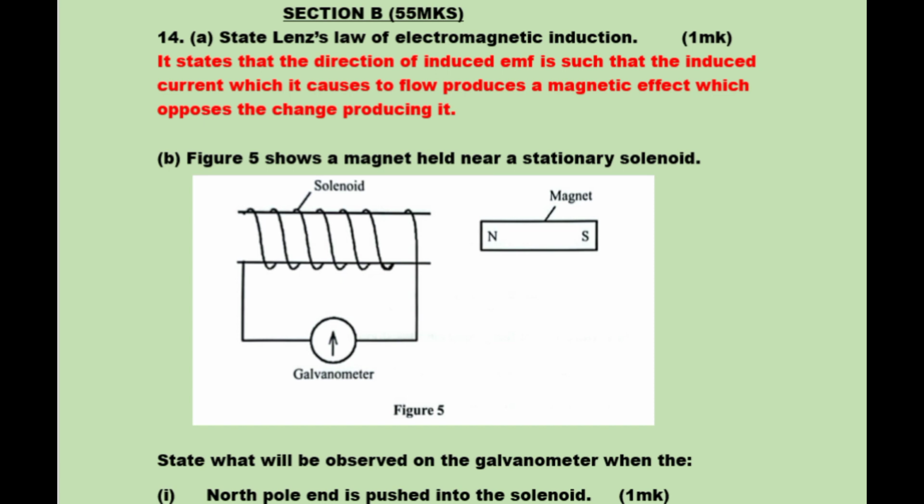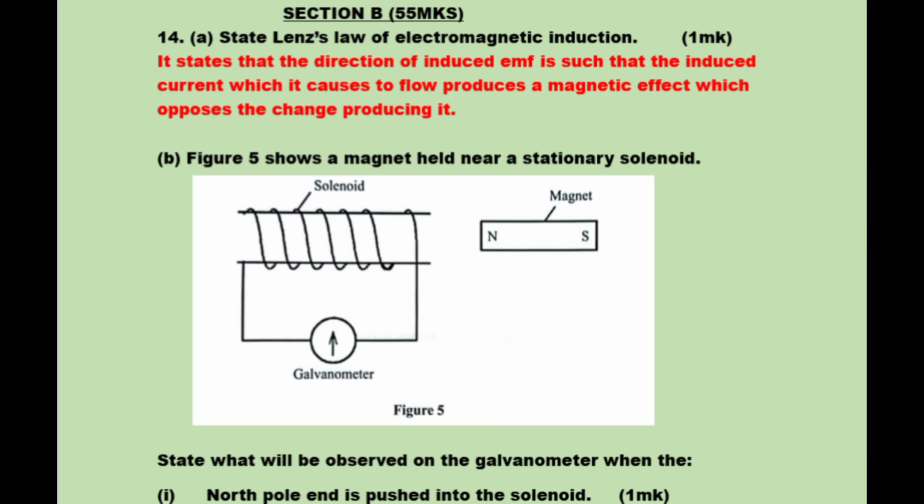To better understand it, you can consider question B. You have a magnet. We are told figure 5 shows a magnet held near a stationary solenoid. You can see the solenoid, galvanometer, and the magnet. As the magnet moves towards the solenoid, current will be induced in the coils, and the current induced will create a north pole on the right hand side of the coils, and a south pole on the left side.